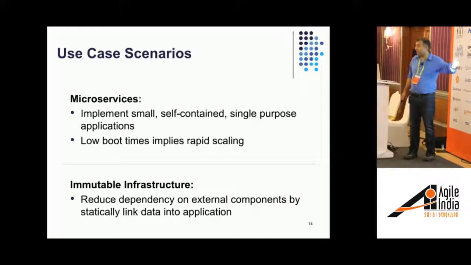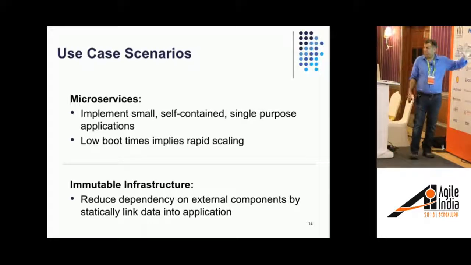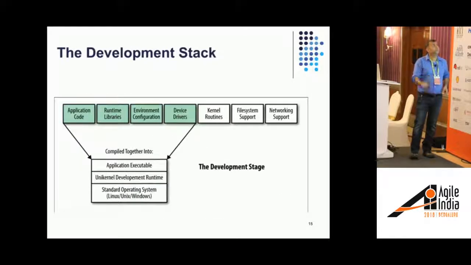That means rapid scaling, because you need that elasticity when you operate at scale. Another potential application is immutable infrastructure. You reduce your dependency on external components. How? Just take everything and prepare it as one image, statically linking the data. These are just typical use case scenarios, and there are obviously very many of them.